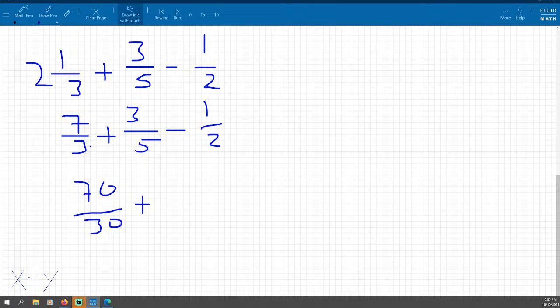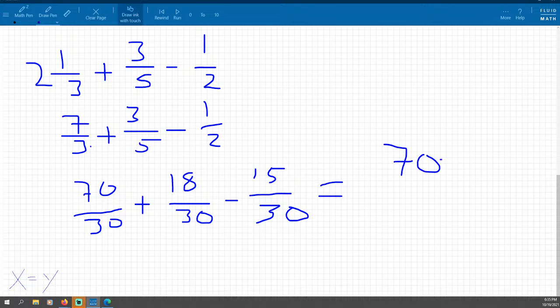To get to 30, we have to do 6. So 6 times 3 is 18. Minus 15 over 30. So we can rewrite this as 70 plus 18 minus 15 over 30.